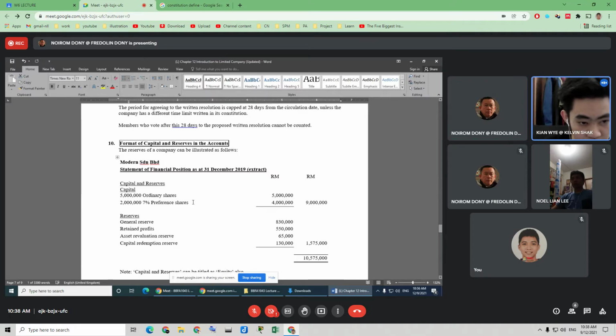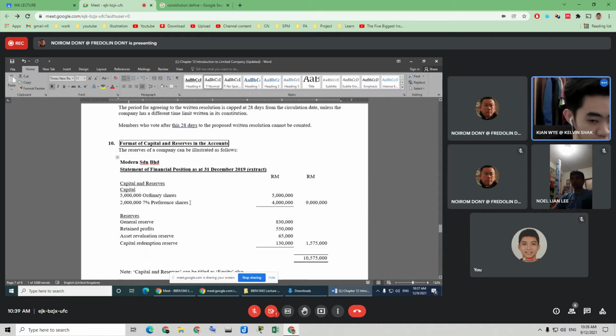But originally the ordinary share was one ringgit per share, or will it be written in? With my understanding, this one should be 2 ringgit.